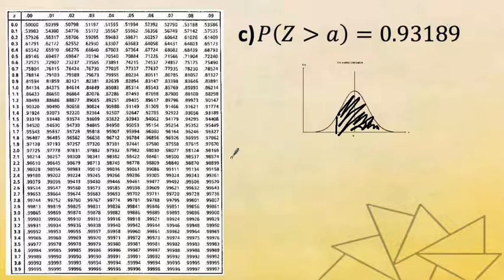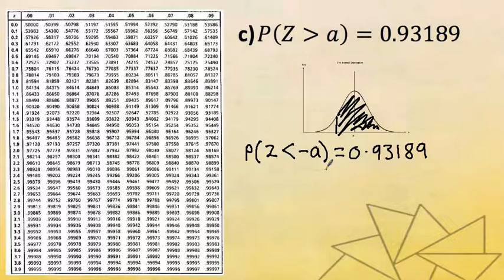Now we know to find negative probabilities, we can use the symmetry of the graph. So instead of it being probability Z greater than A, what I'm actually going to say is probability Z less than minus A is equal to 0.93189. At this point, I've got probability Z less than a value. Remember what we're talking about here now is a probability like this. So I can read this straight from the table.